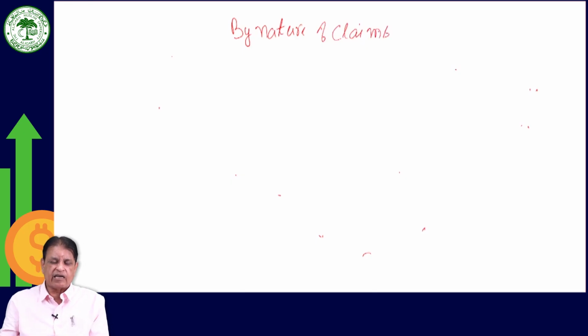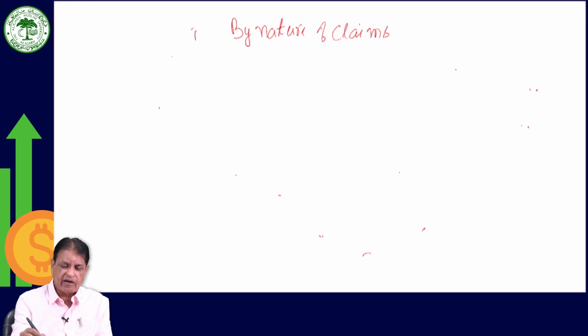So, we are talking about the classification of financial market. How can we classify financial market into different components? One criterion is by nature of claims.